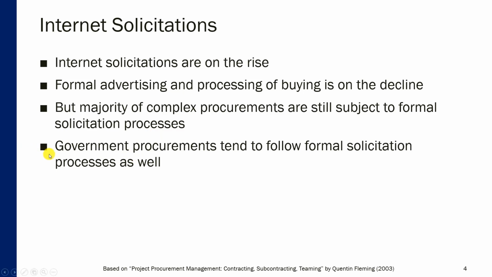This seems to be especially true for government procurements. Government bodies tend to follow a formal solicitation process as well, even if it's something that is not very complex. So the formal solicitation process is still quite relevant and is still widely used, especially when it comes to the government.